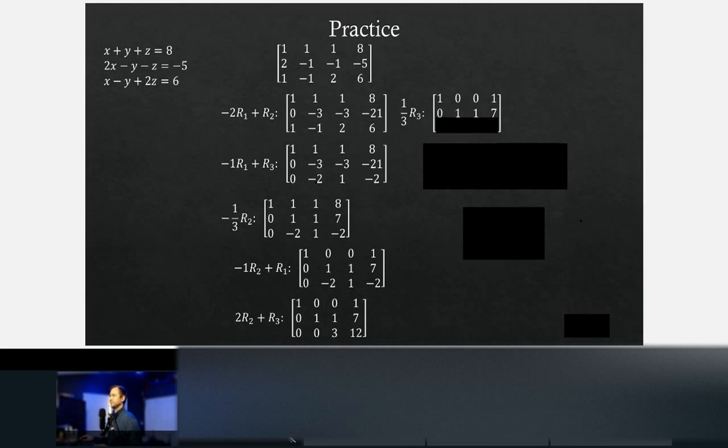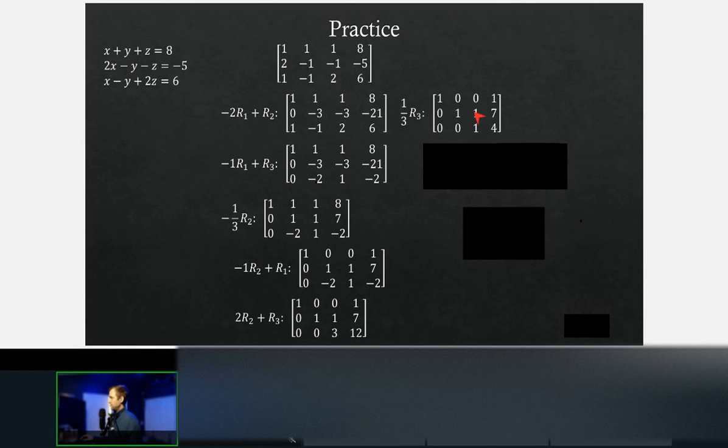0014. Yeah. Okay. What's the next operation? Once we make this a one, we want to make everything above it a 0, right? Well, that one's already done. Yeah, looks like that. Row one is already done.